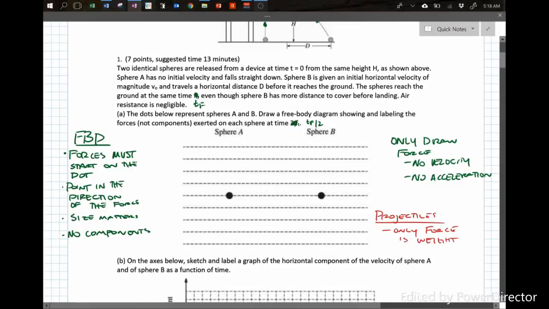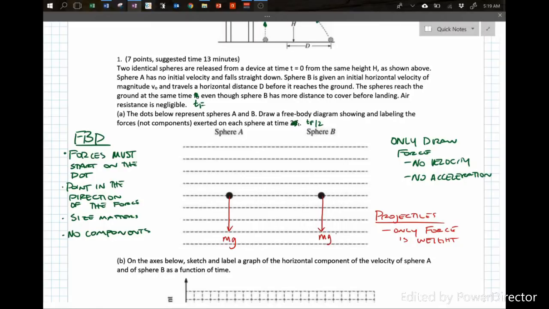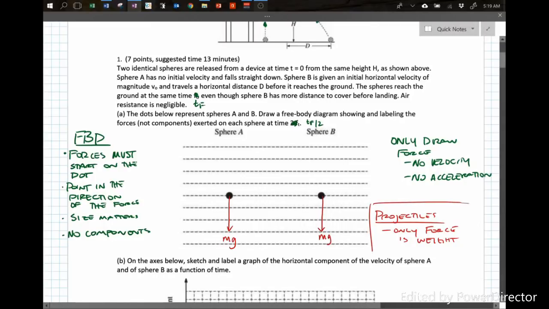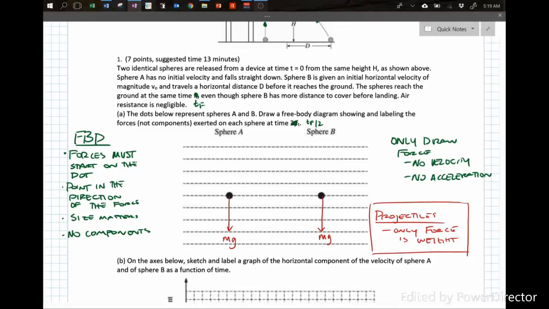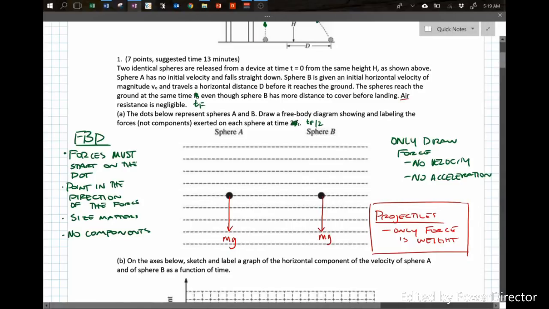So, for sphere A, the weight is straight down because weight only pulls down towards the middle of the Earth. And for sphere B, even though it's moving to the side, its weight is straight down. They're identical, so those two things had better be the same size. The big idea here is that once we're in the air as a projectile, the only thing acting on this is going to be weight. It's the only thing that matters, especially since we were told that the air resistance is negligible.